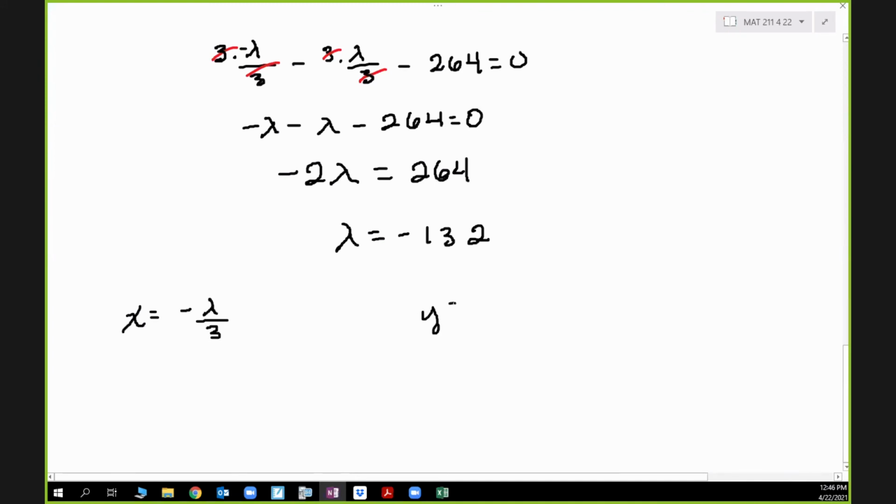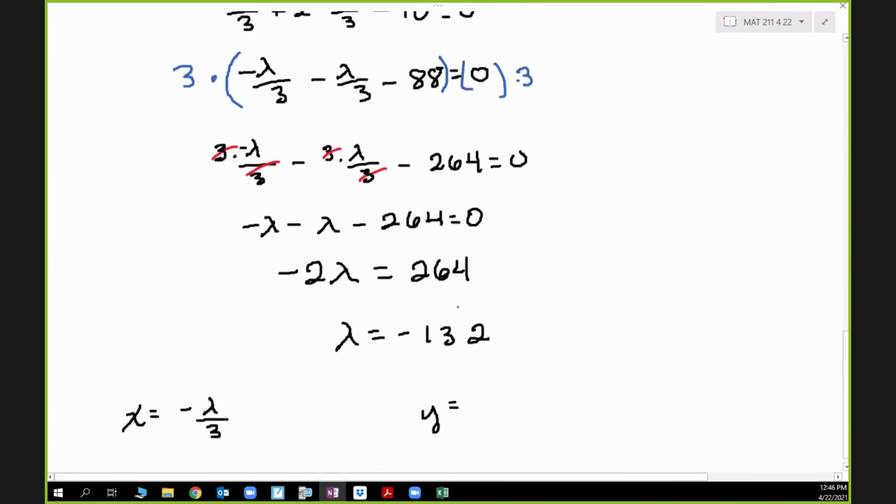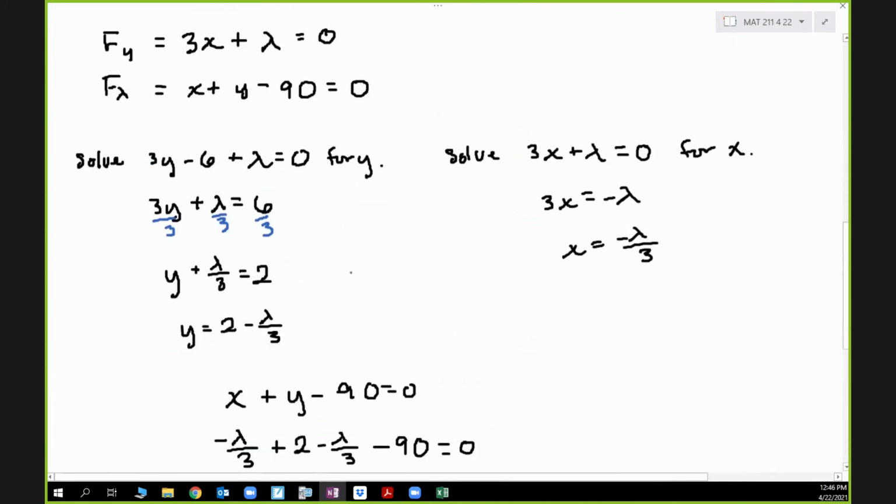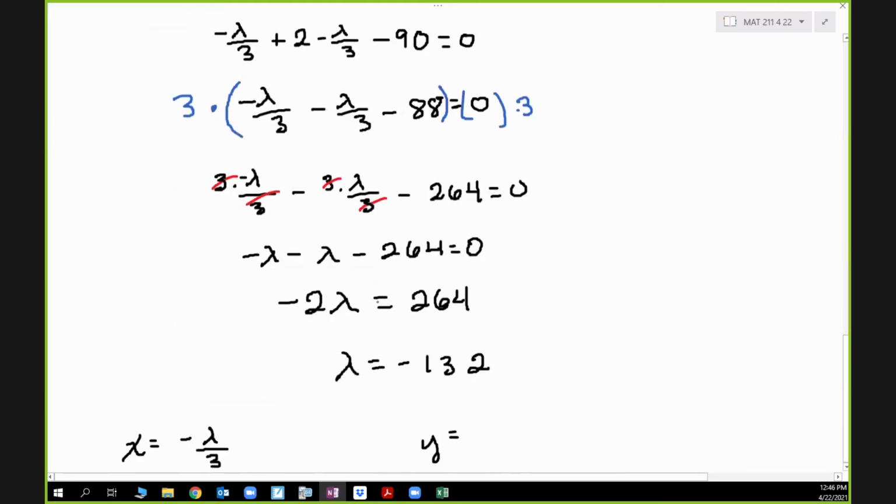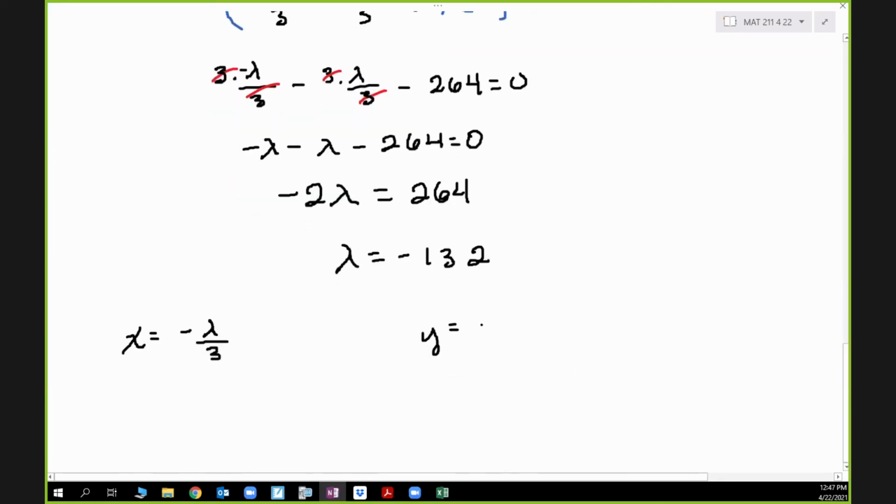And y was, you already forgot, 2 minus lambda over 3. So now we can find x and y.